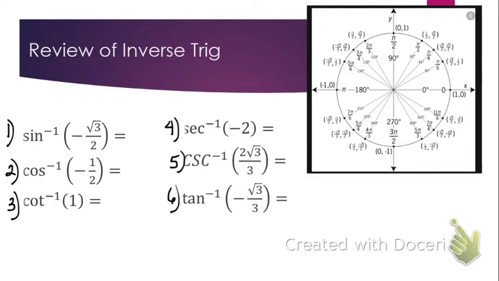Remember, when you are asked for the inverse, it means what is the angle. So what angle within the restriction that you just wrote down has a sine value of negative root 3 over 2? And what angle has a cosine of negative 1/2? Okay, so take a moment, copy it down, and see if you can figure out your 6 answers. And then we'll go through it together.